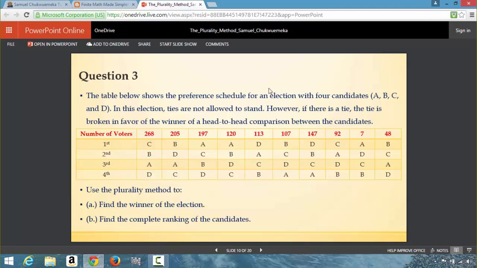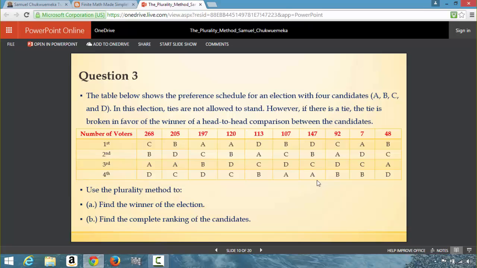Please, this is very important. Head-to-head comparison would take us to another concept we call a Condorcet candidate. What is a Condorcet candidate?